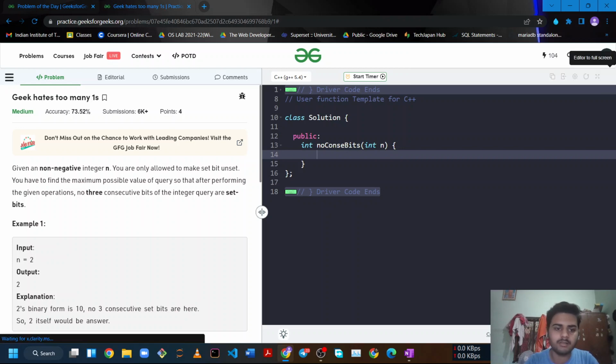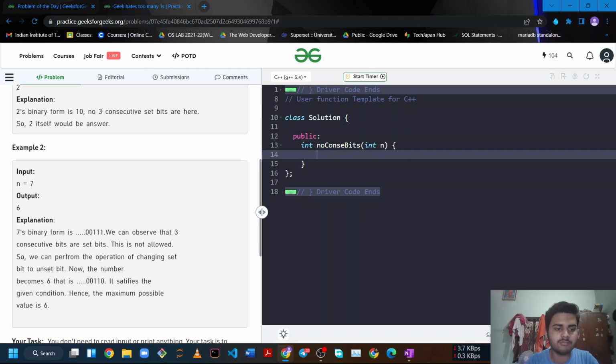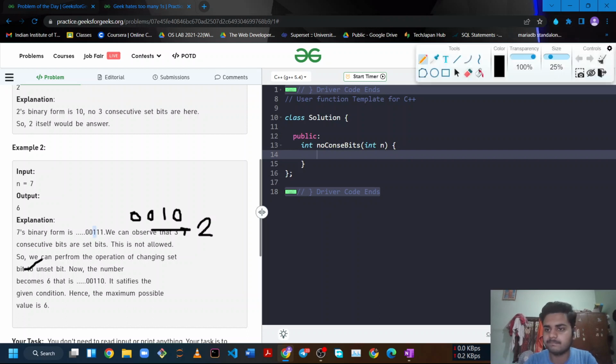Now, we have to remove one. If it is seven, then there are three consecutive ones, so I have the option to remove the first, second, or third.